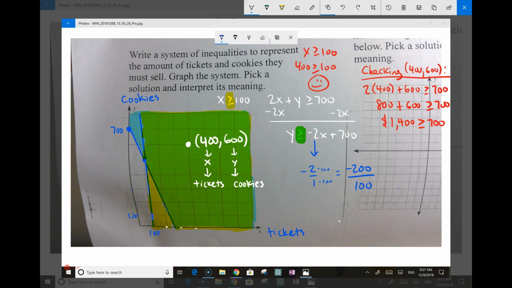That's why everything changed from blue to green, because it's a combination of the yellow and the blue, the combination of both graphs from both inequalities working together to create this area with all the possible answers you can have for what you want to do.